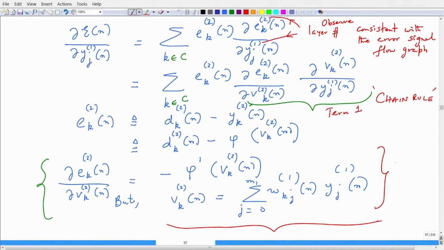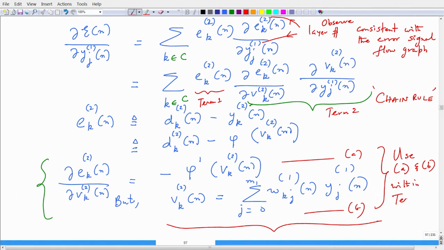So these are, I will call this A, I will call this B, use equations A and B. So maybe I will call this term 2 here, possibly because this is term 1, which is straightforward that you can compute, and I will call this term 2, and using A and B you can plug this in within term 2 and you can simplify your equation.